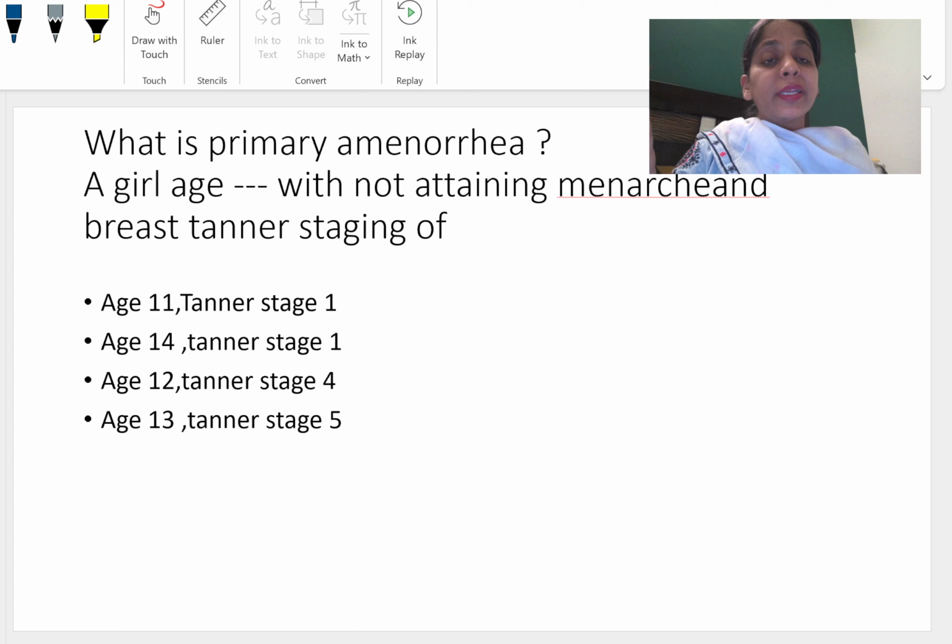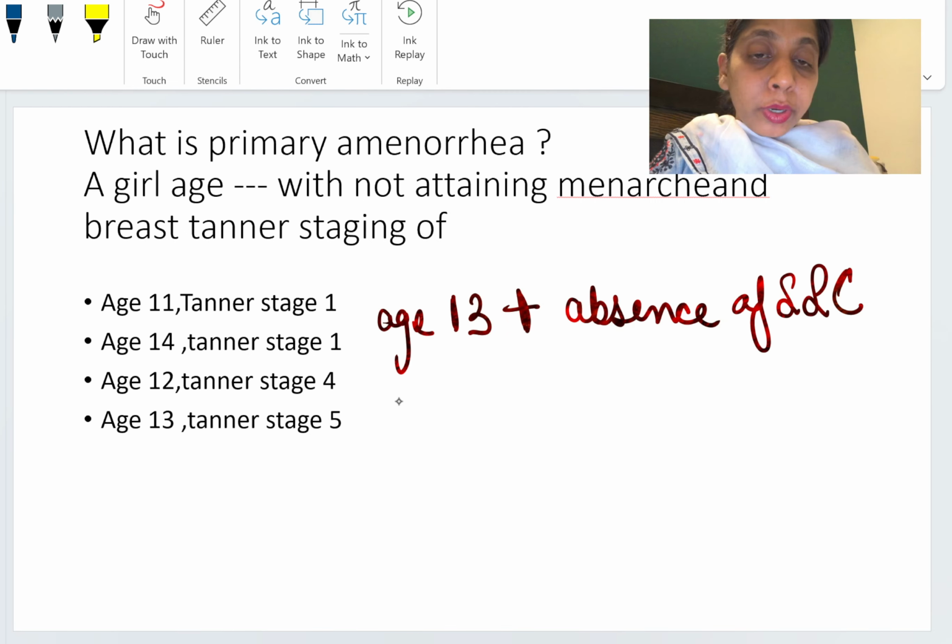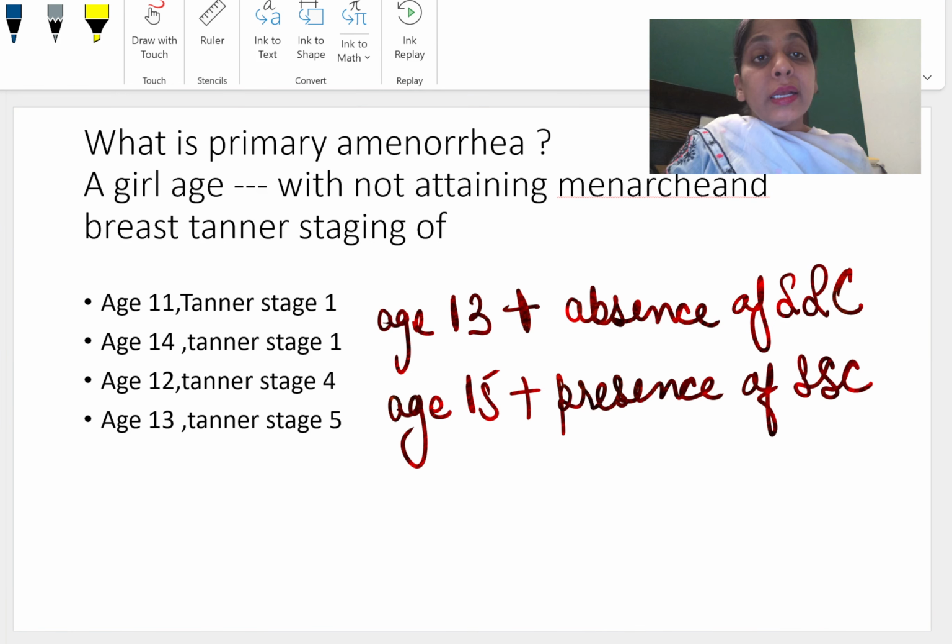And we will say primary amenorrhea if the age is 15 and there is presence of secondary sexual characteristics. As I already told you, the reason behind this is that the most common reason for primary amenorrhea is idiopathic, so we wait till sufficient age.